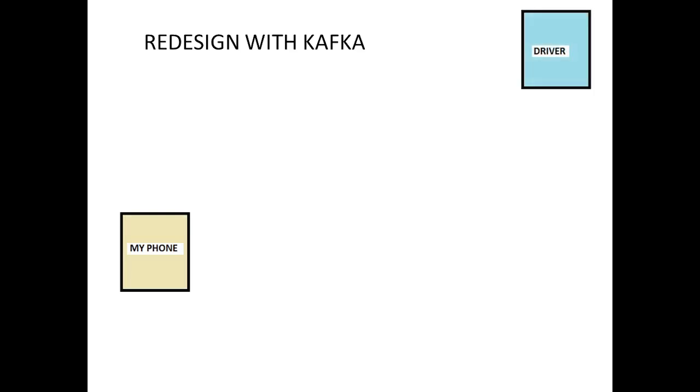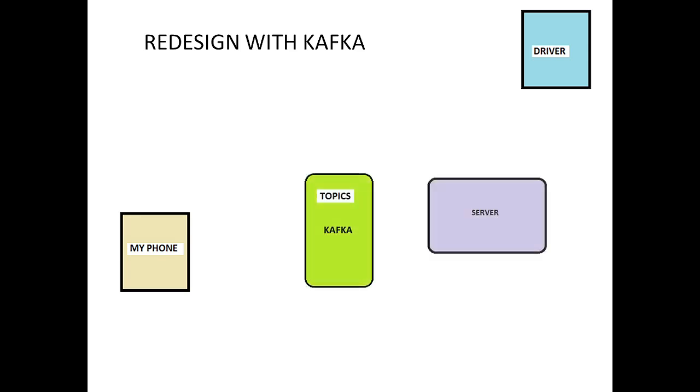Now let's redesign the same architecture using Kafka. Let's say I have ordered food in Zomato. Now a delivery person got assigned and he is ready to deliver. Now I introduce Kafka. Along with that, I will have the Zomato server which is connected to the database.